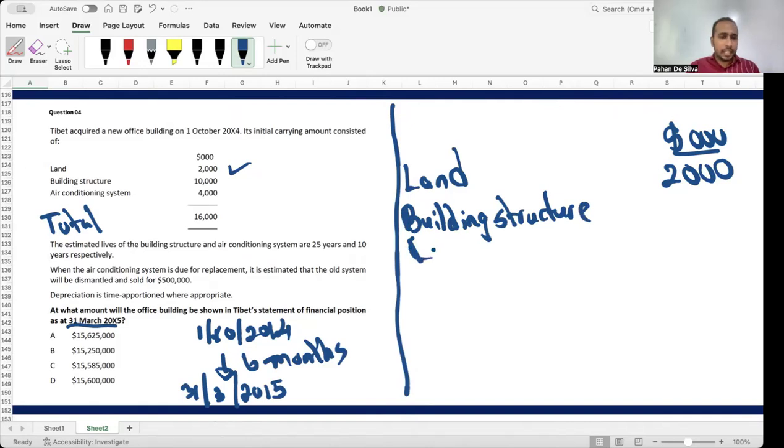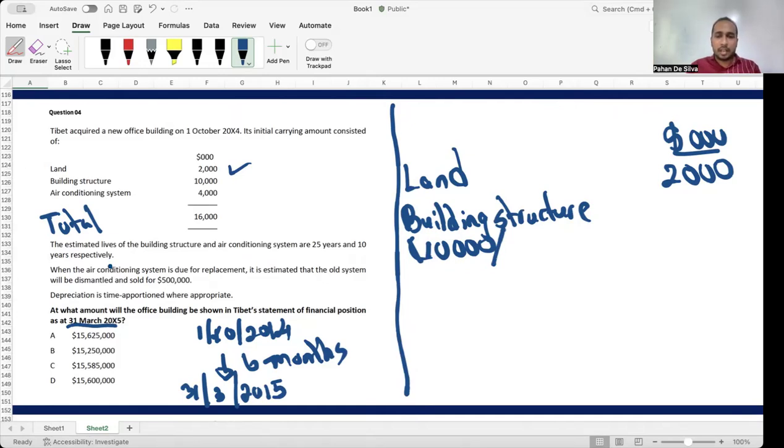When it comes to building structure, the cost is 10,000, and the question is silent about the residual amount. There is no indication of a residual amount for the building. So cost becomes the depreciable amount, and you can simply divide the cost by useful life to get the annual depreciation.